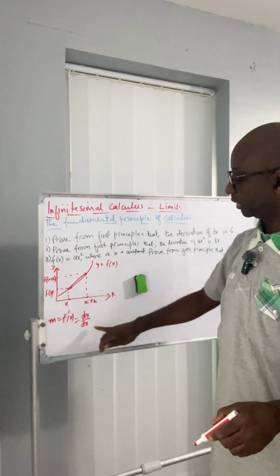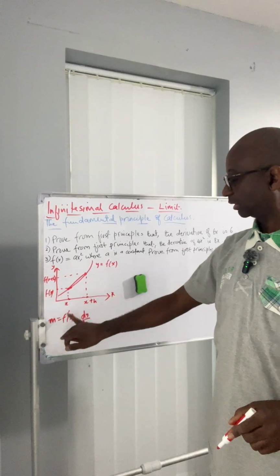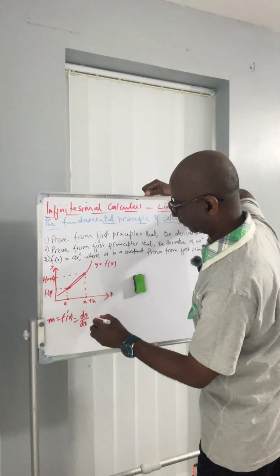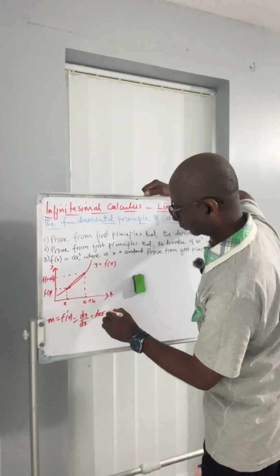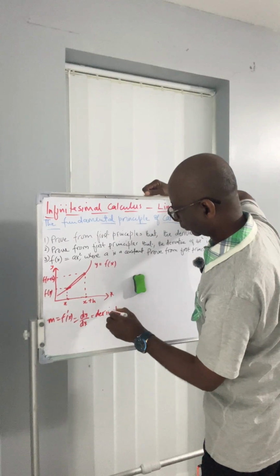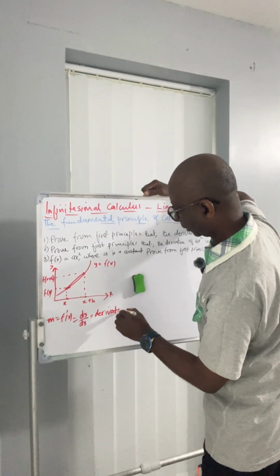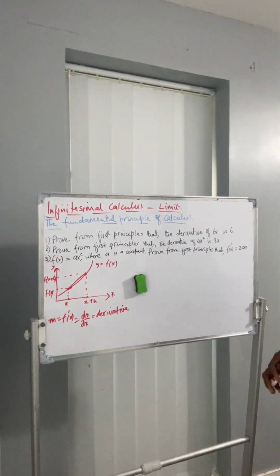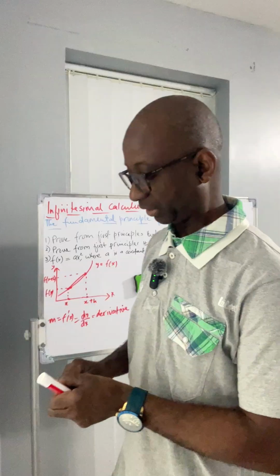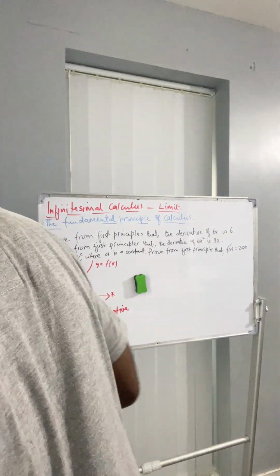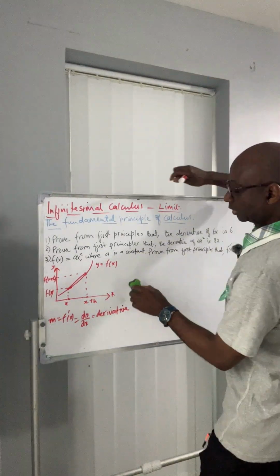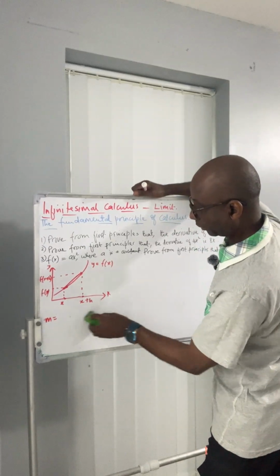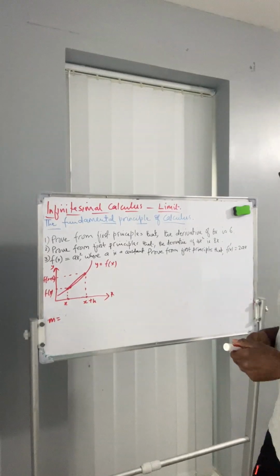All these mean the same thing: m gradient, f prime x, dy/dx is gradient, or you call it derivative. They are all the same thing. It just depends which one the question is referring to. From the first principle, it's something we've already derived. We just want to make use of it here.